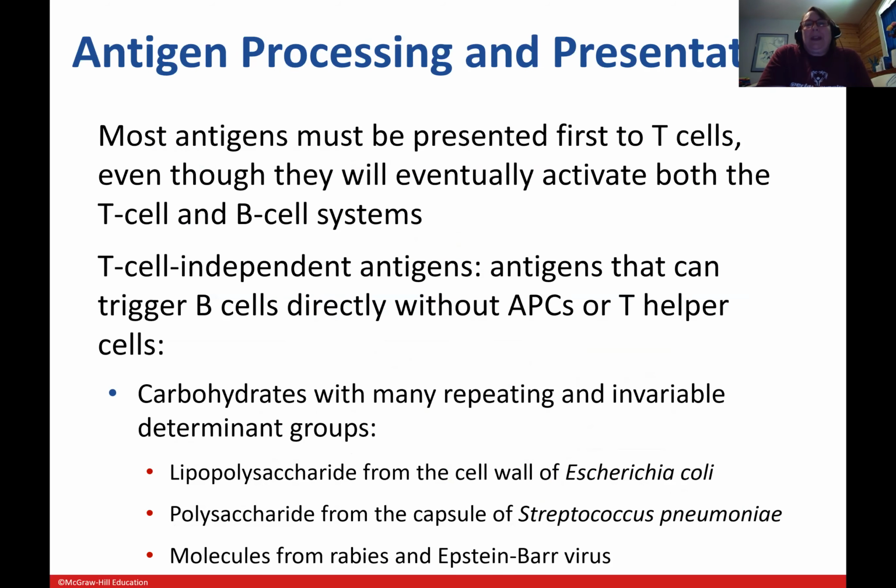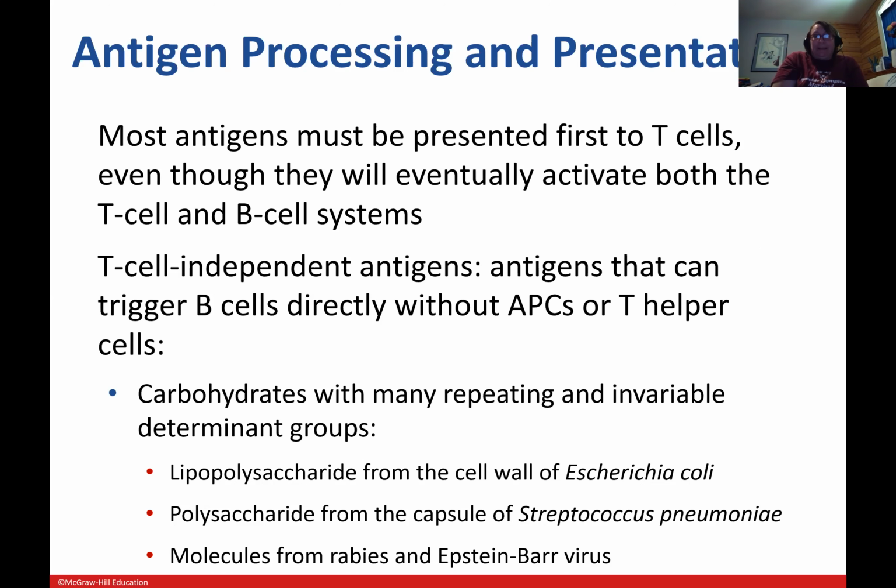Most antigens must be presented to a T cell first, and specifically a helper T cell, even though eventually that whole process is going to activate T cells, all of them, as well as B cells. There are some T cell independent antigens that can trigger B cells directly without any antigen presenting cell or helper T cell involved.